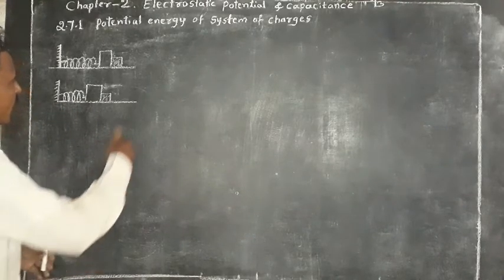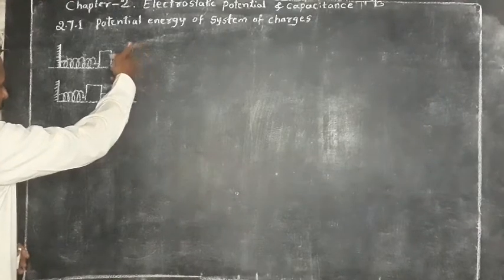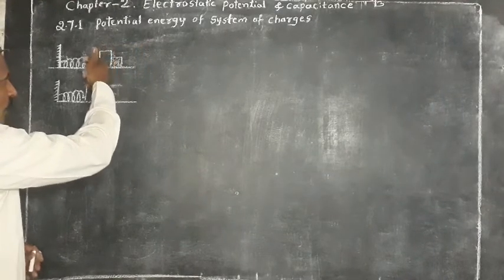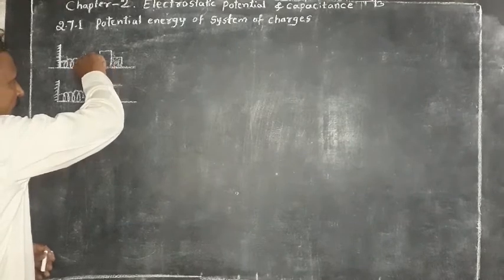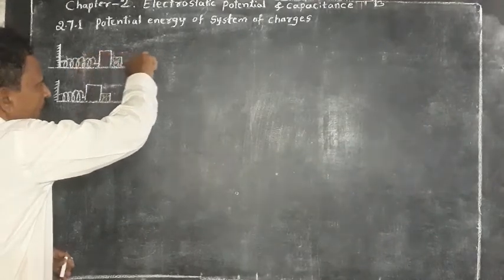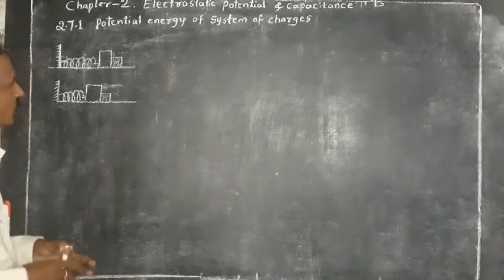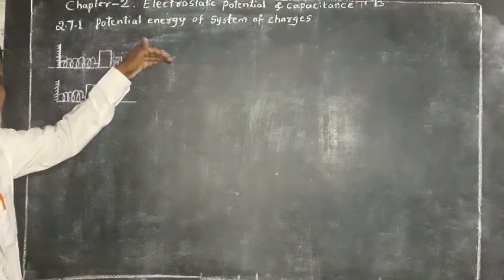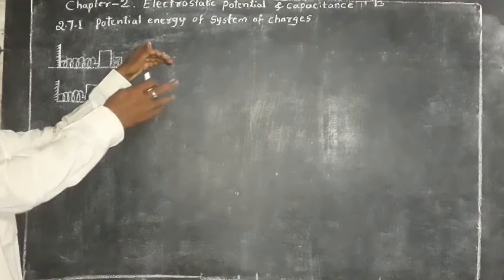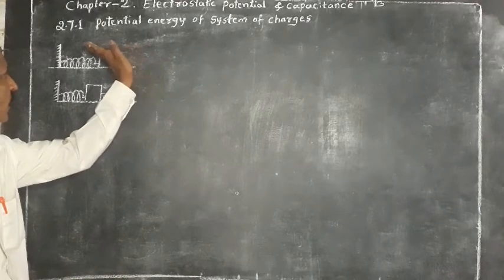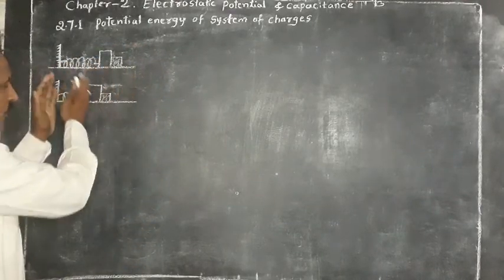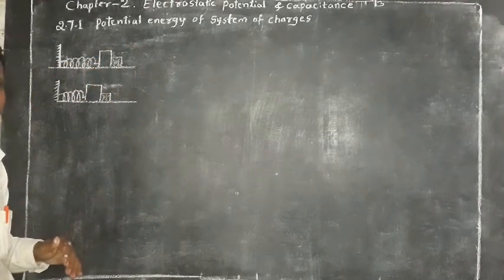An external force can compress the spring, or it can elongate the spring. If the force is acting in this direction, the spring elongates. If the force is acting in the opposite direction, the spring gets compressed.